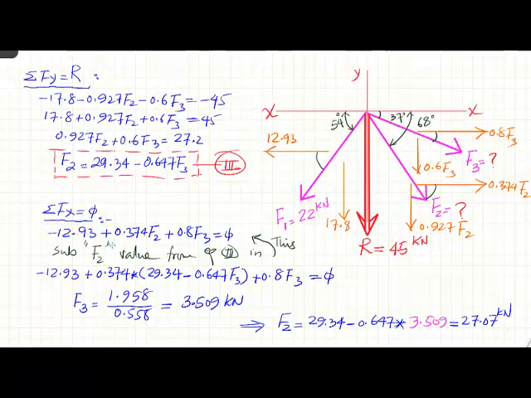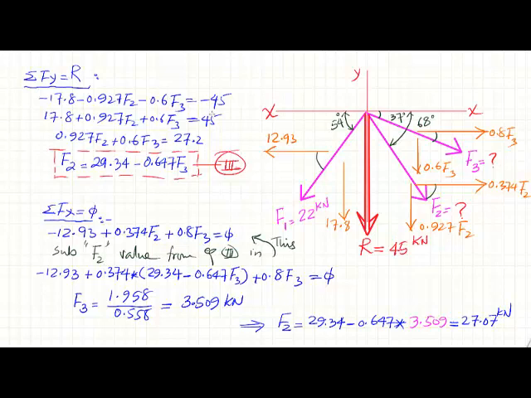For the first one, we said we have to pay attention to the issue of this minus 45, and if you look at the equation, the y components for all of these forces are downwards, so all are negative. So at the end we'll have an equation that has negatives all over it. To solve this, we just multiply both sides by negative, and then all of them become positive.